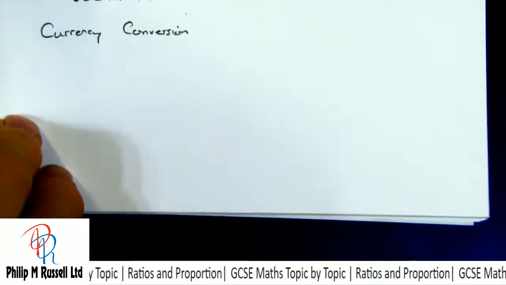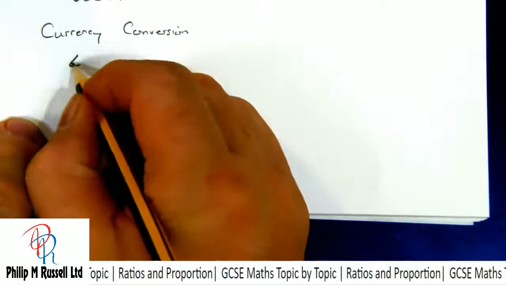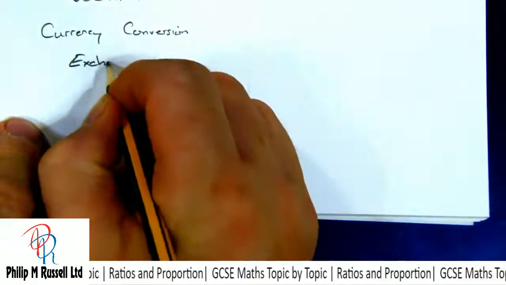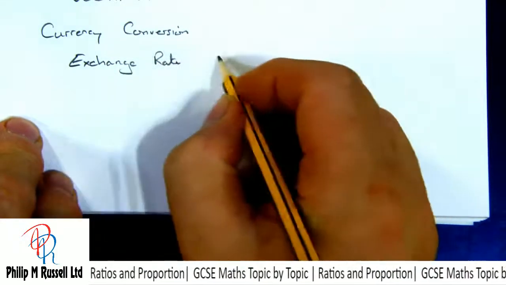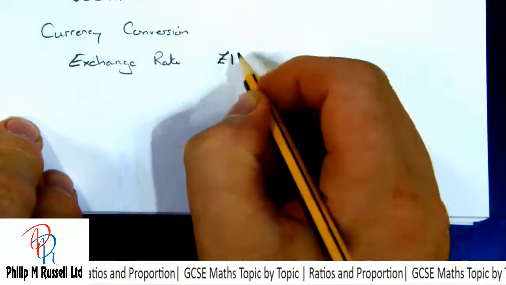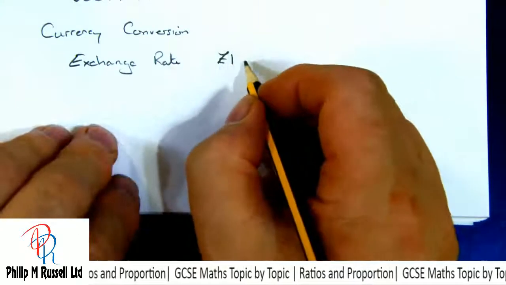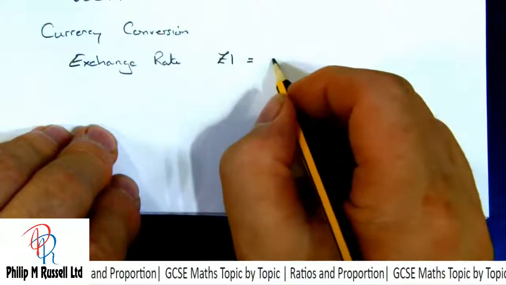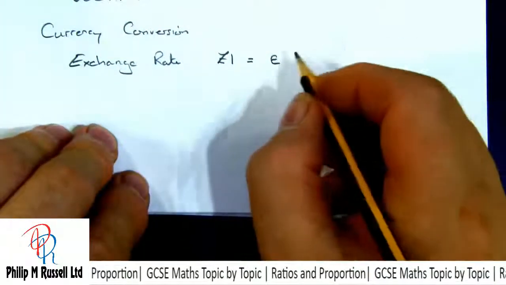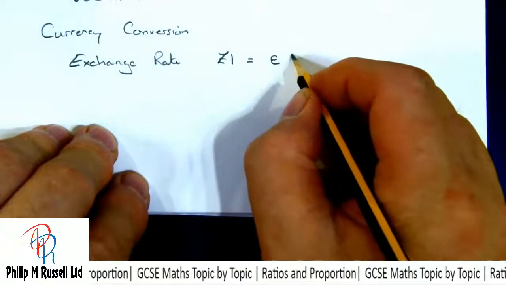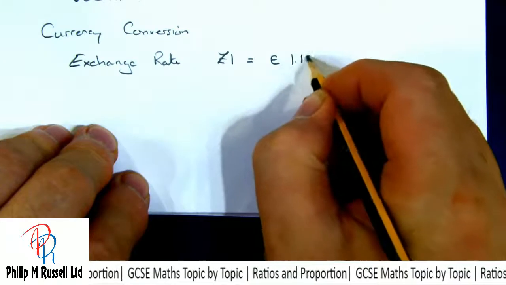So let's have an exchange rate. And we'll say that £1 equals, I have no idea what pounds to euros are at the moment, let's say it's going to be 1.18.